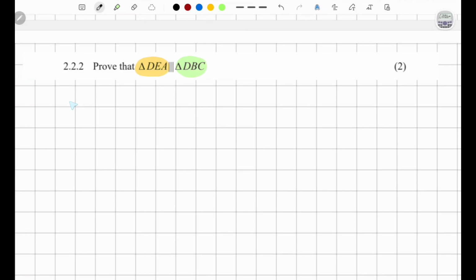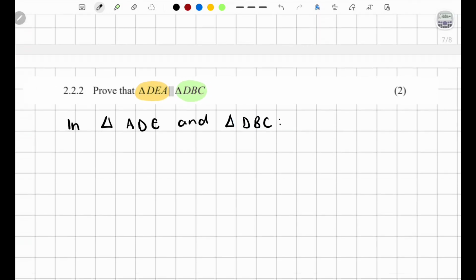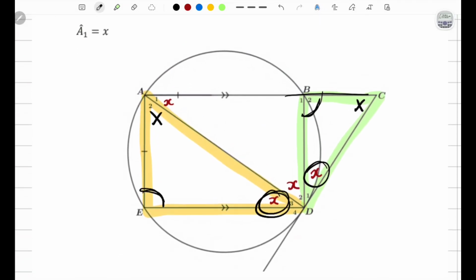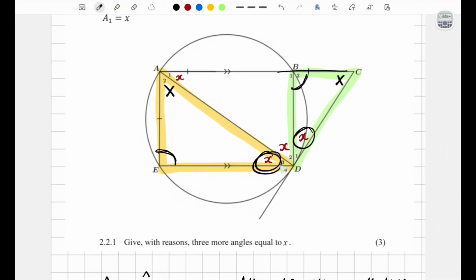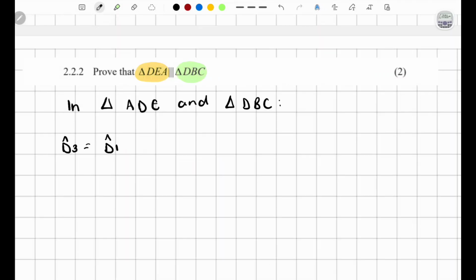So I can start off by saying in triangle ADE and triangle DBC, this is what we have. First, we had the x's being equal because they were just proven already. So I can go ahead and tell them that angle D3 is actually equal to angle D1, and that was proven. I can further also say that they're both equal to x.